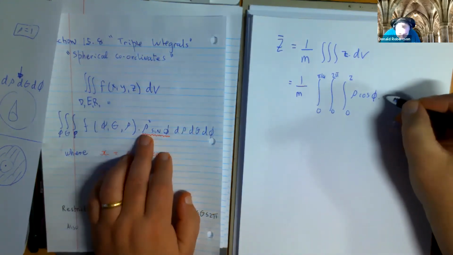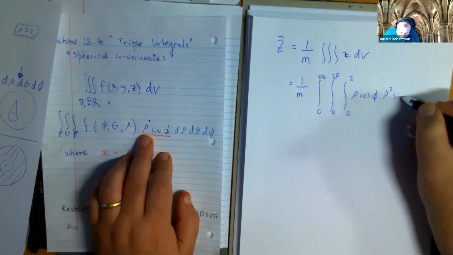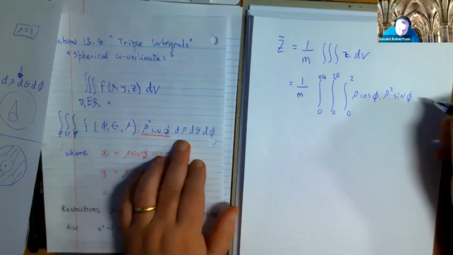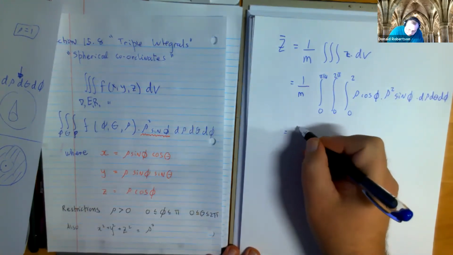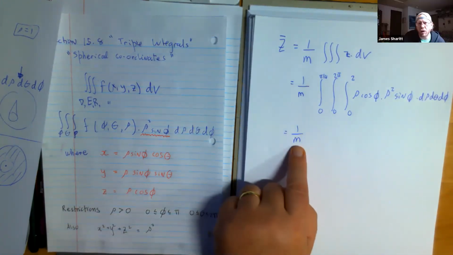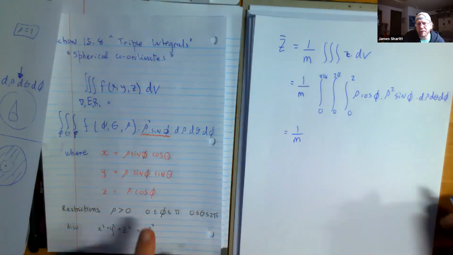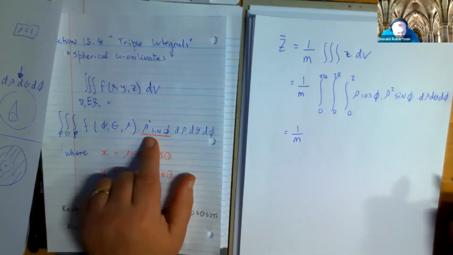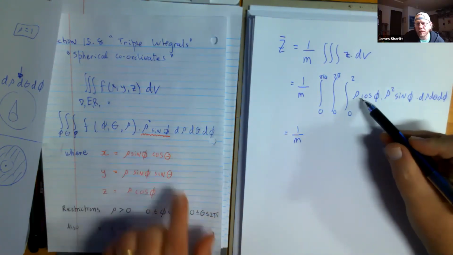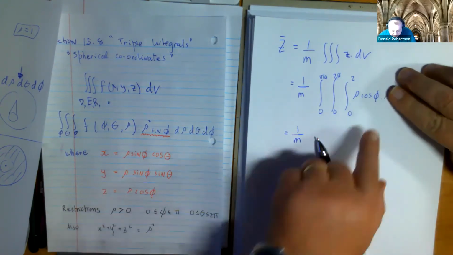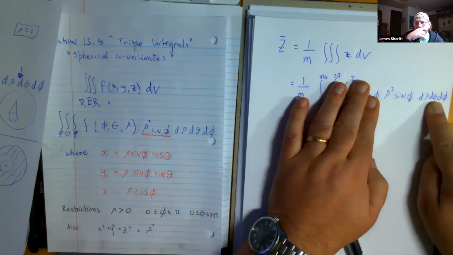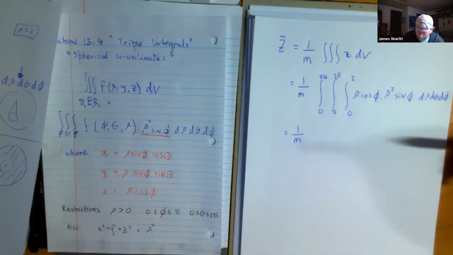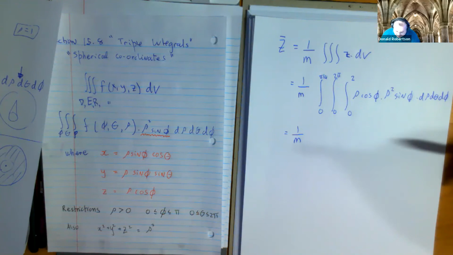Since it's spherical, I also have rho squared sine phi, and then I can do the rho, the theta, and the phi. You said rho cosine phi at the beginning; you put rho. Yes, z is rho cosine phi, that's representing the z, and that's representing the dV. What is it you think I've not done right?